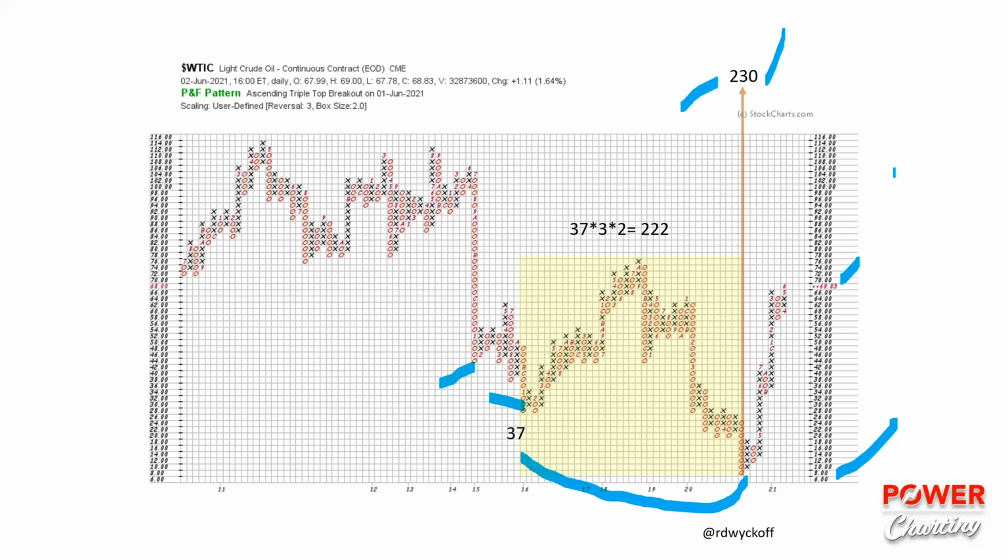That is the dynamics of campaign point and figure counting, that the point and figure horizontal counting methodology can actually give us a way of estimating the potential for how far a stock, or in this case, a commodity, can go up.